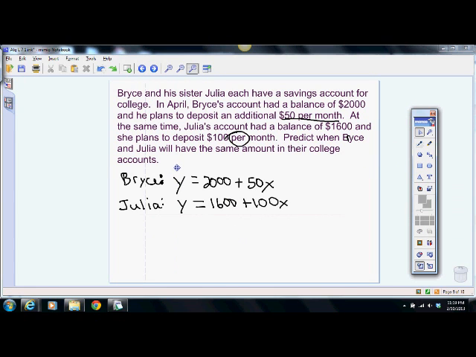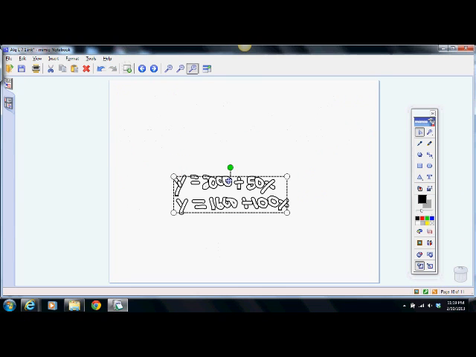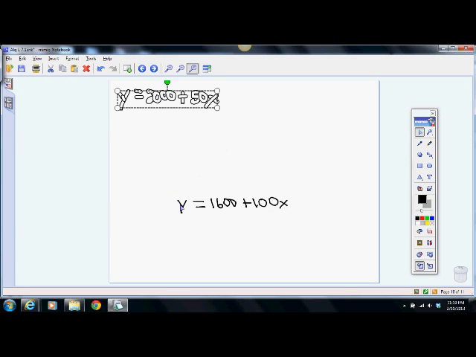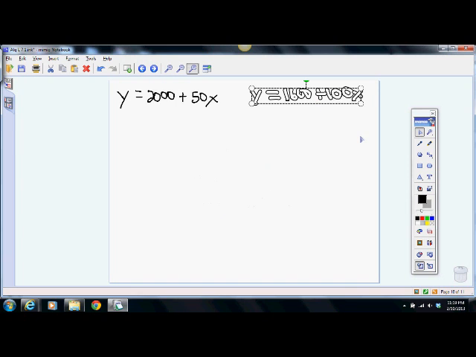So, for example, if I were going to work with both of these equations, I would make an input-output table for that equation, and I would make an input-output table for this equation.